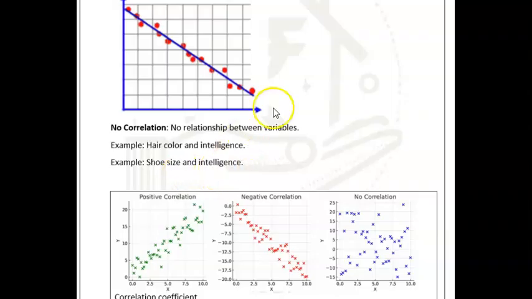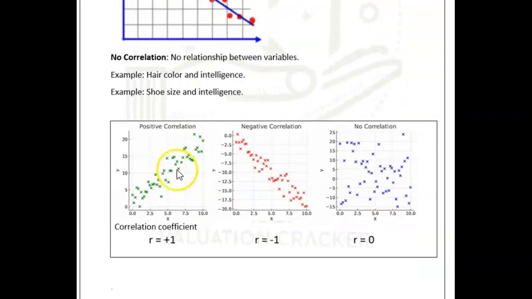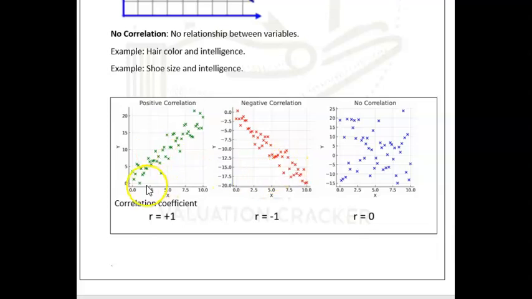So there are three types of correlation. One is positive correlation, you see in the scatter diagram. Other is negative correlation. And the third one is no correlation.